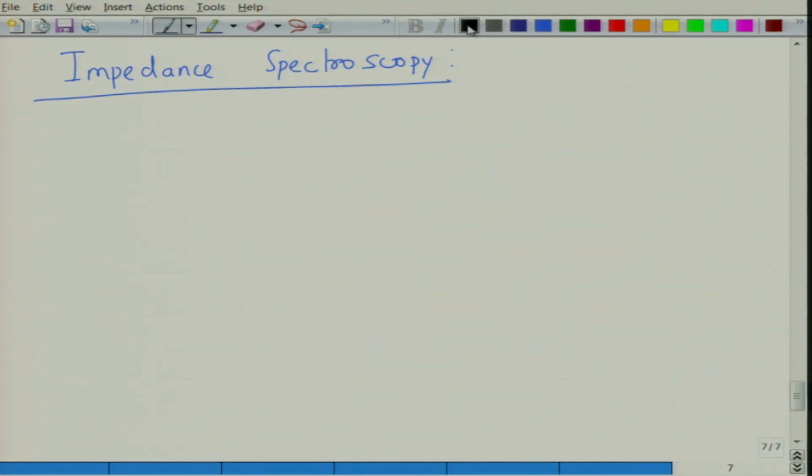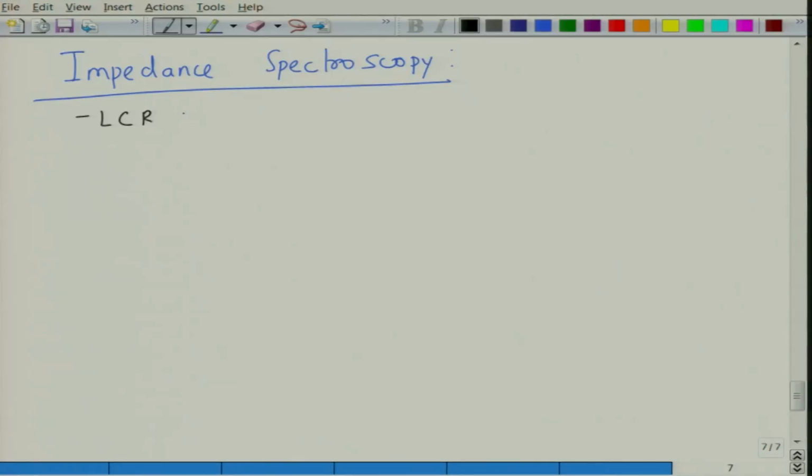You saw that admittance is related to dielectric constant. As a result, the impedance is also related to dielectric constant. So impedance and admittance are related to dielectric constant. When the dielectric constant plots show semicircles, you should also get similar semicircles in the plot of impedances, and impedances are measured on equipment called LCR meters or impedance analyzers.